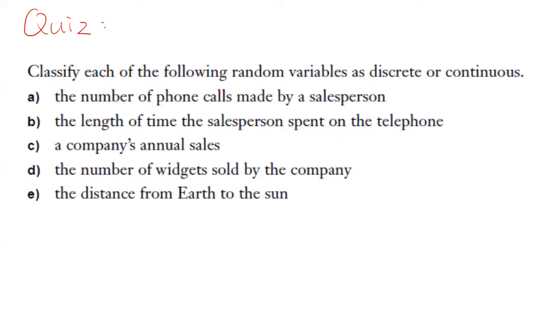B, the length of time the salesperson spent on the telephone. C, a company's annual sales. D, number of veggies sold by the company. E, the distance from Earth to Sun. Okay, classify each of the following random variables as discrete or continuous. Okay, you can start now.